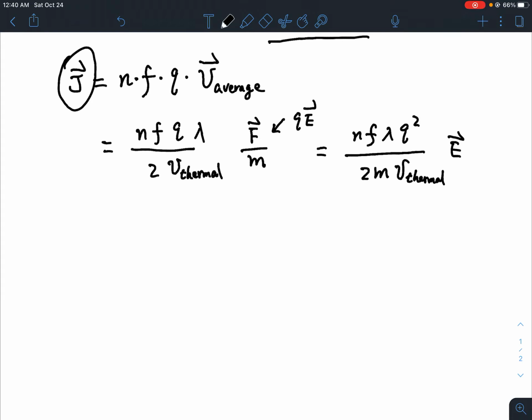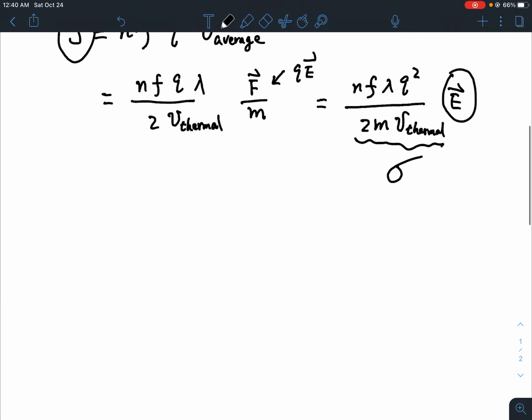You see that this is the current density and this is the electric field, so this gives us the conductivity: sigma equals N F lambda Q squared divided by 2 m v_thermal.